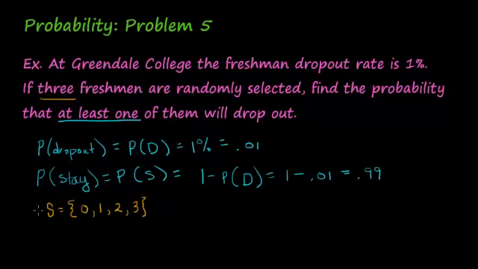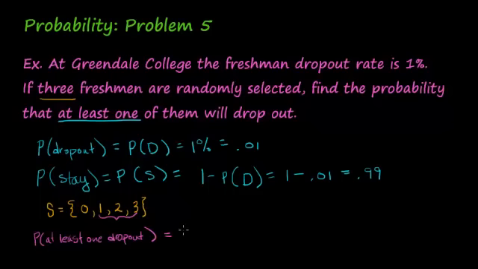Okay, so the probability of at least 1 dropout, well, we said we can calculate that by finding the probability of everything 1 and higher, because at least 1 means 1 or anything greater than 1.